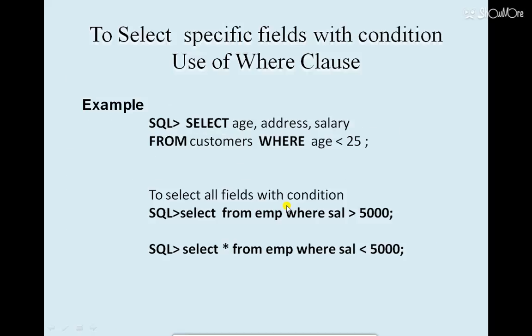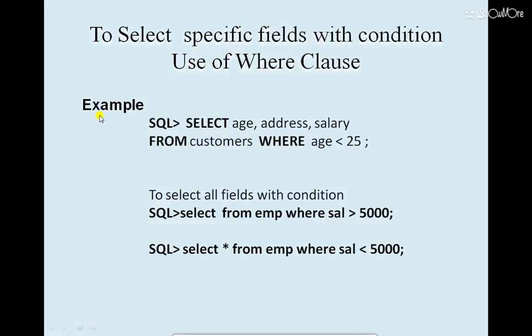Suppose we want to display particular conditional records, particular rows of a table, with specific fields under specific columns. Then we can use the where clause.